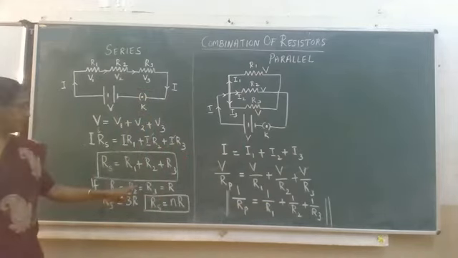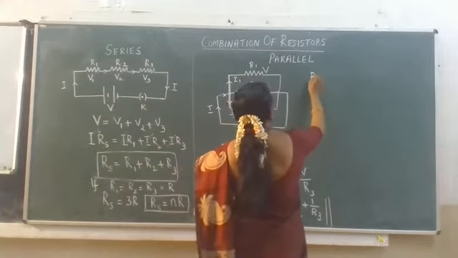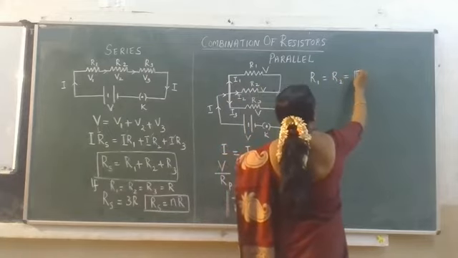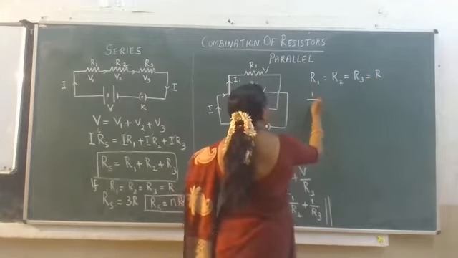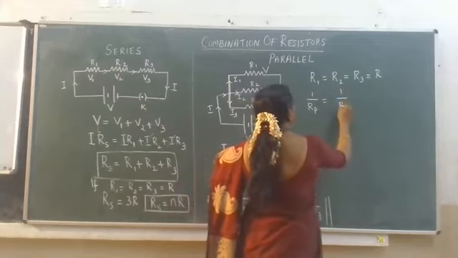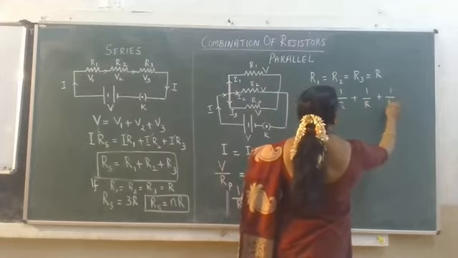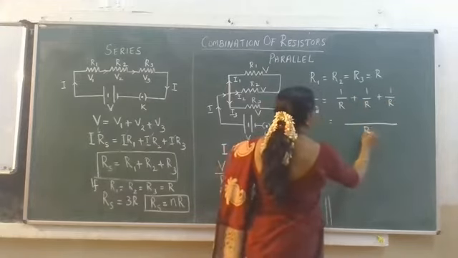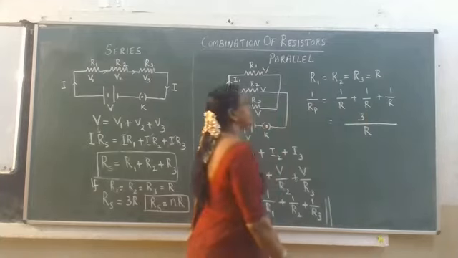Let us come to the case like this. If R1 is equal to R2 is equal to R3 equal to R, all of the same value of resistance, then what will happen? 1 by Rp is equal to 1 by R plus 1 by R plus 1 by R. If you take the LCM, LCM will be R, numerator 1 plus 1 plus 1, that will be 3.